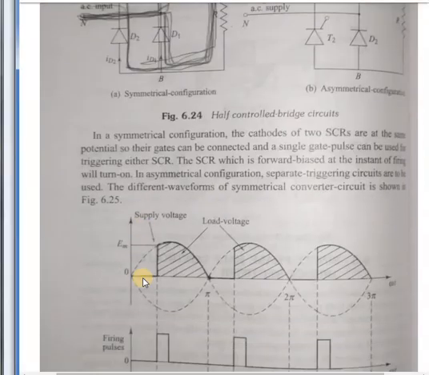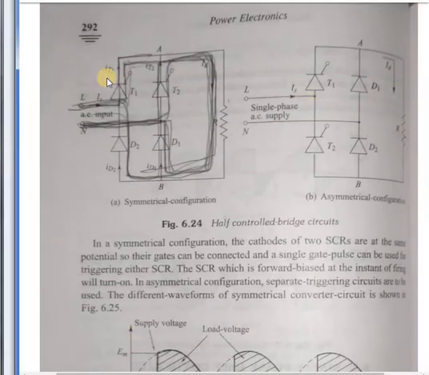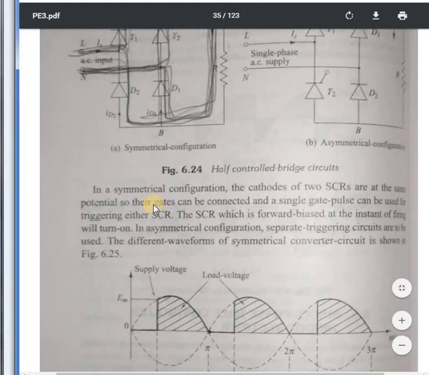Now for a resistive load, these thyristors are replaced by two diodes in symmetrical configuration and asymmetrical configuration. In symmetrical configuration, the diodes are placed in both legs at the bottom side, and in asymmetrical configuration the diodes are placed in the second leg.